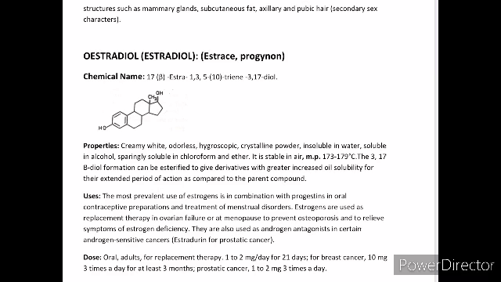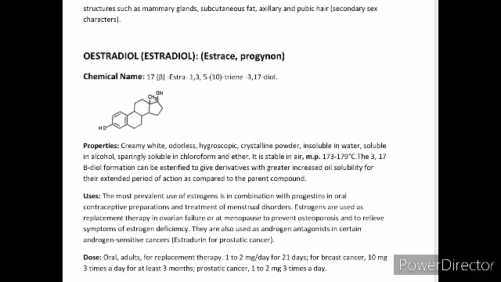Now the most prevalent use of estrogen is in combination with progestin in oral contraceptive preparations and the treatment of menstrual disorders. Estrogens are used as replacement therapy in ovarian failure or at menopause, to prevent osteoporosis and to relieve the symptoms of estrogen deficiency.